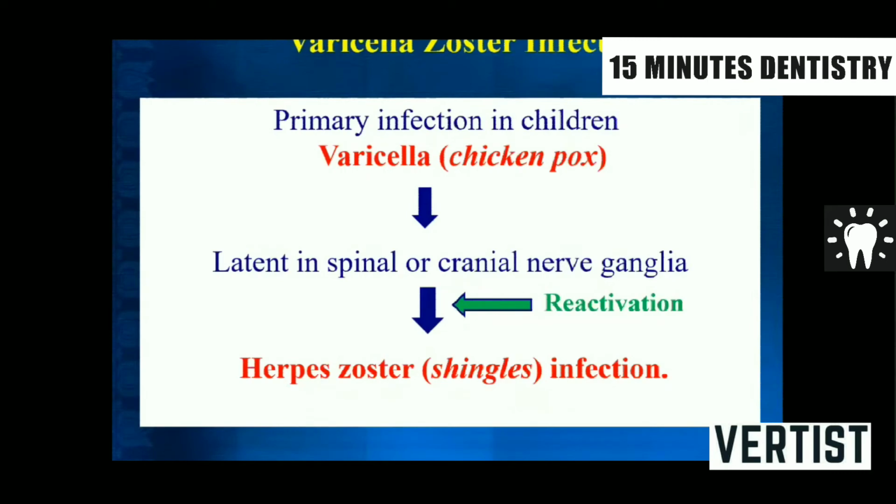So the reactivation occurs and the secondary infection occurs mostly in adults, and that is herpes zoster, or what we also call shingles. So I think it is clear that the primary infection is varicella, and what happens in the later state is the herpes zoster or shingles infection.